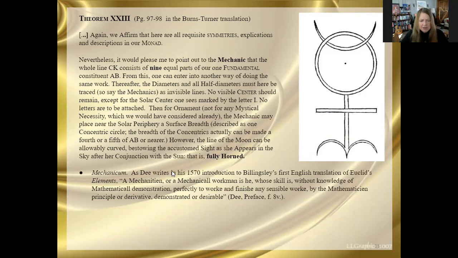Mechanic, Latin mechanicum, in that preface to Billingsley's first English translation of Euclid's Elements, Dee writes in English about a mechanic or a mechanical workman whose skill is without knowledge of mathematical demonstration, but who can perfectly work and finish any sensible work by the mathematician, principle, or derivative, demonstrated or desirable.